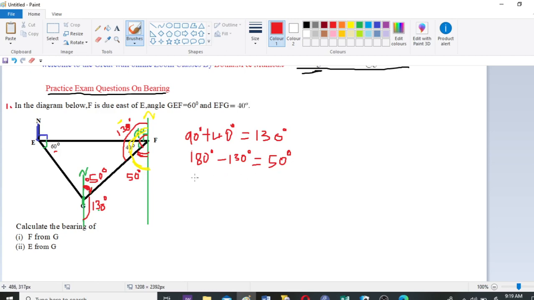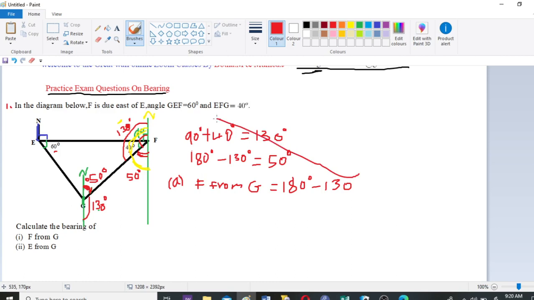So A, after analyzing the procedure in that way, to solve for A, that is the bearing of F from G, is just 180 degrees minus 130 degrees, using the analysis that I've shown you.